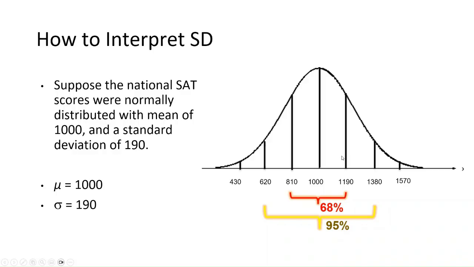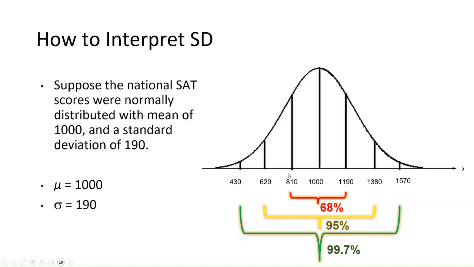That's two standard deviations above and below the mean. And 99.7% scored between 430 and 1570, which would be three standard deviations above and below the mean.